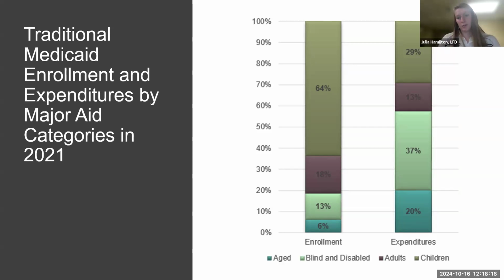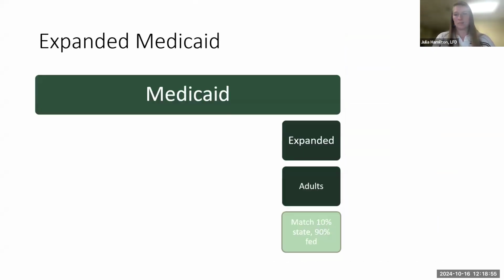So that brown large column in enrollment, that 64% being children, here in 2021, they are the largest enrollment category, but when you compare that to the proportion of expenditures within this year, it's a pretty small proportion of the cost. Versus if you look at that green and that blue bar with the blind and disabled populations and then the aged populations, though they're a relatively small portion of enrollment, they are a fairly large portion of the cost as well. So with that, I'm going to pass it on to my colleague, Adam, to finish us out.